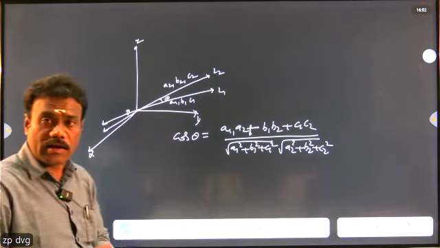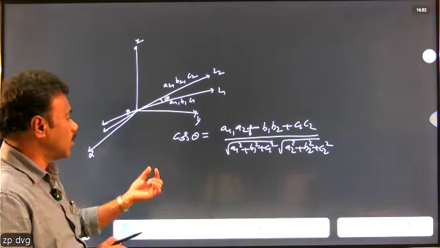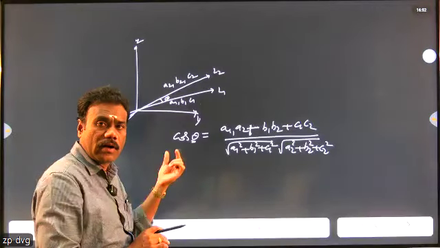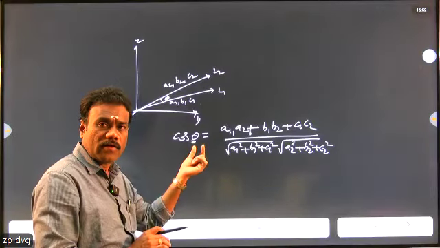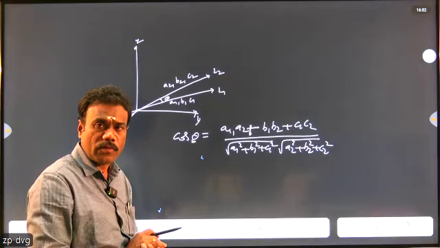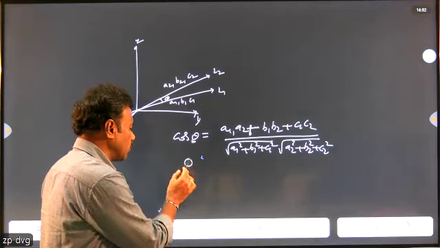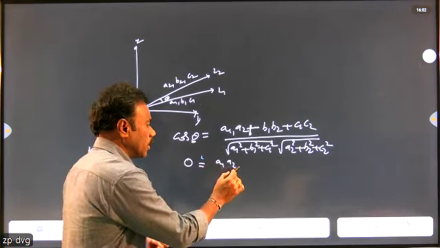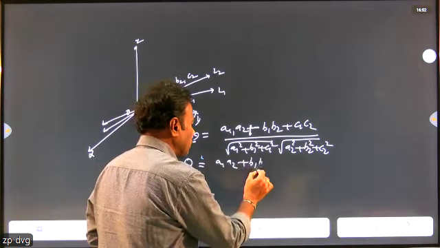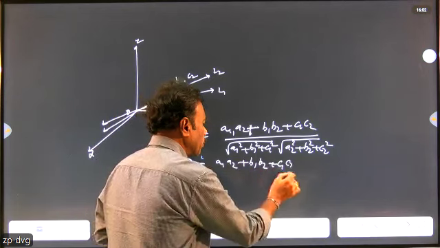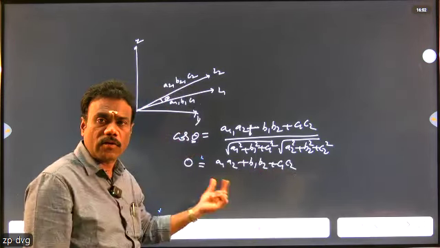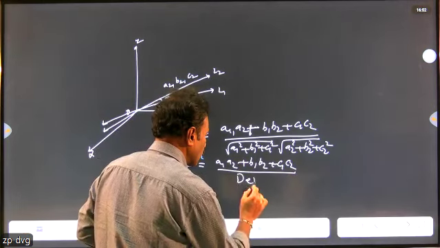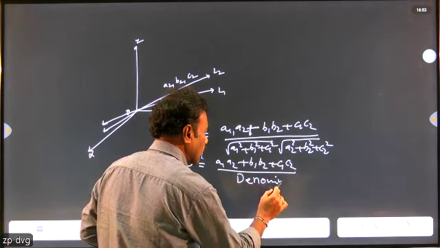Similarly, if two lines are perpendicular to each other, then the angle between them is 90 degrees. If theta is 90, then cos 90, which we know is 0, gives 0 equal to (A1 A2 plus B1 B2 plus C1 C2) by the denominator.